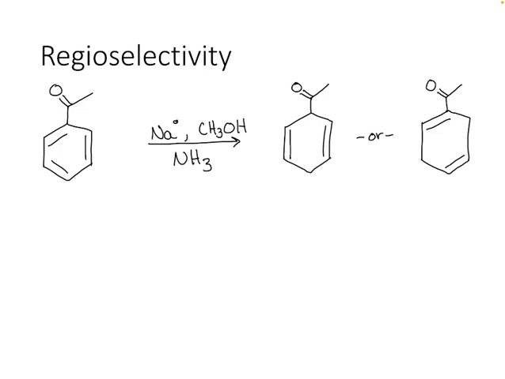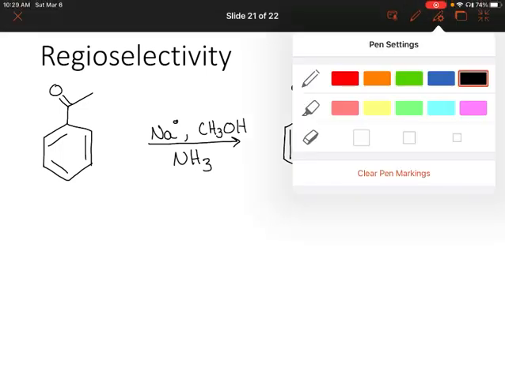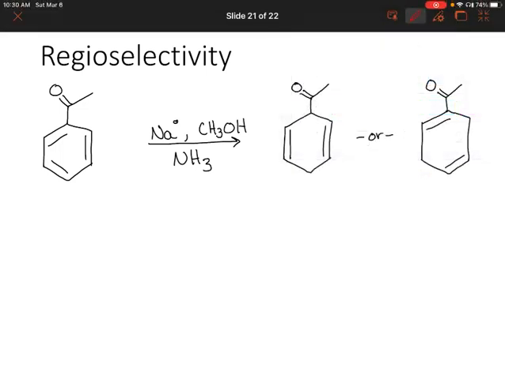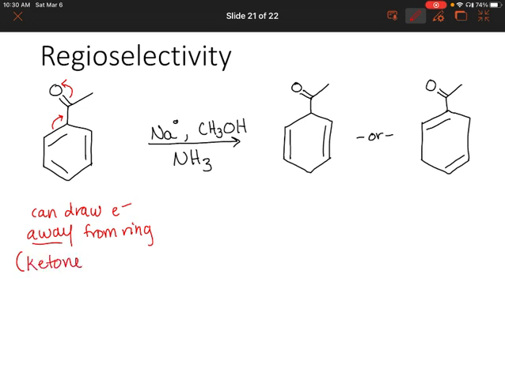In this case, we have that double bond to oxygen, so we could potentially draw electrons away from the ring through resonance. So that means our ketone is an electron withdrawing group.